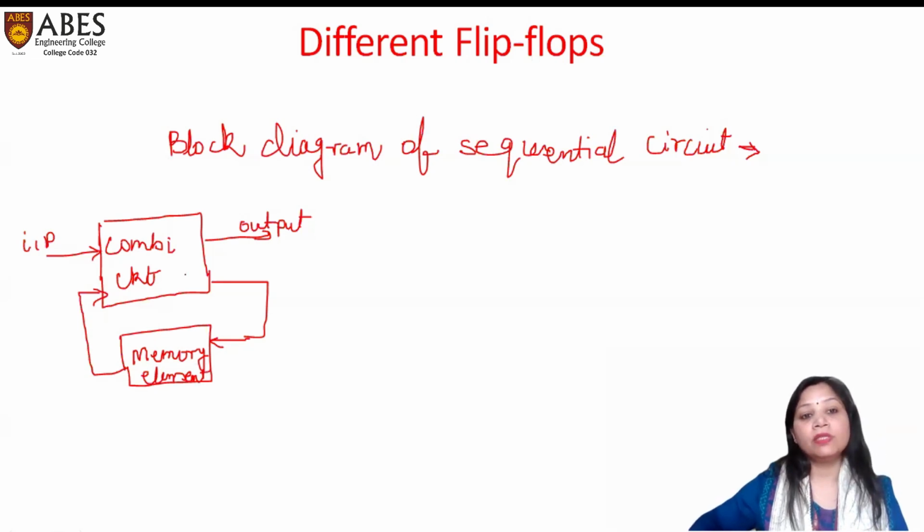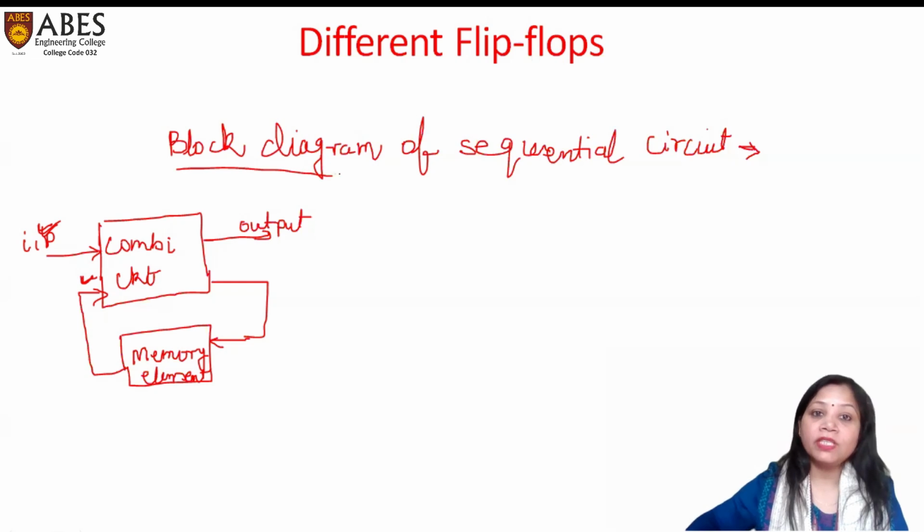So, sequential circuits are those circuits in which the output depends on the present input as well as the previous value of the input. These circuits are called sequential logic circuits. And this memory element is called the flip-flop.